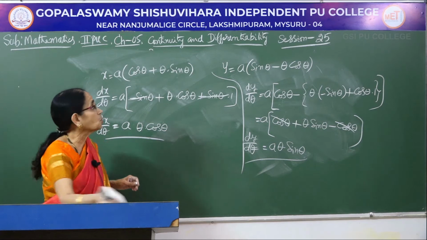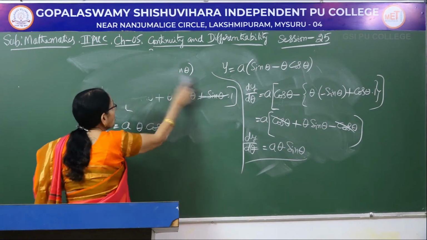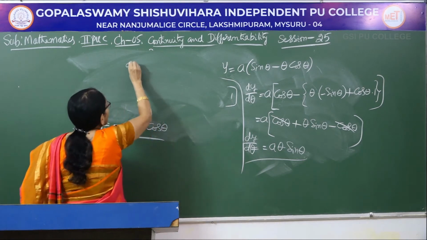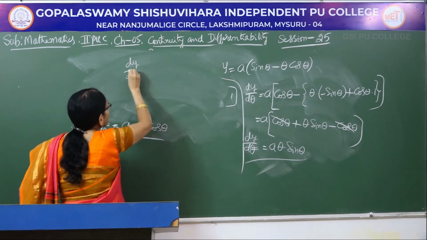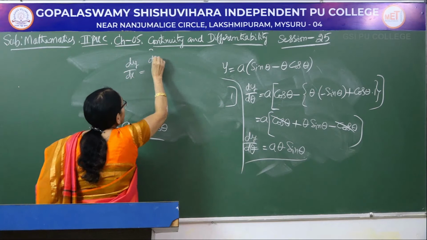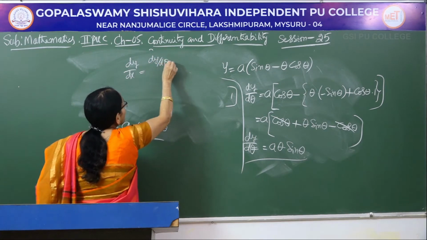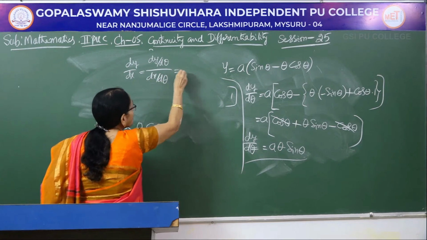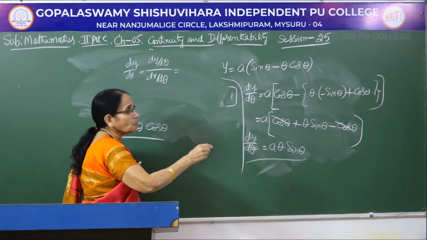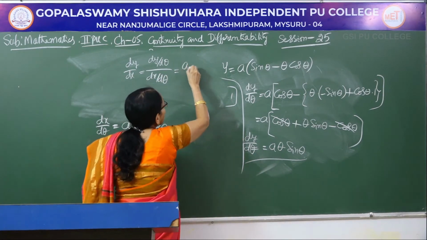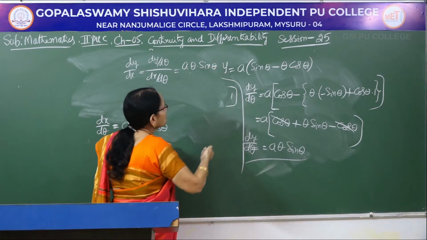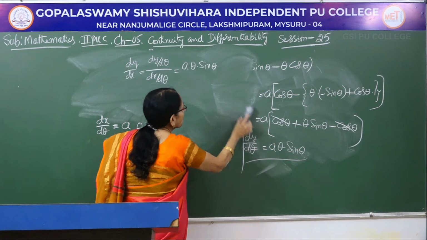So what we have to do? We have to get the value of dy by dx we want, isn't it? Write the value. Dy by dx is equal to dy by d theta divided by dx by d theta. Write the values correctly in the proper position. It is a into theta into sin theta, that is dy by d theta.